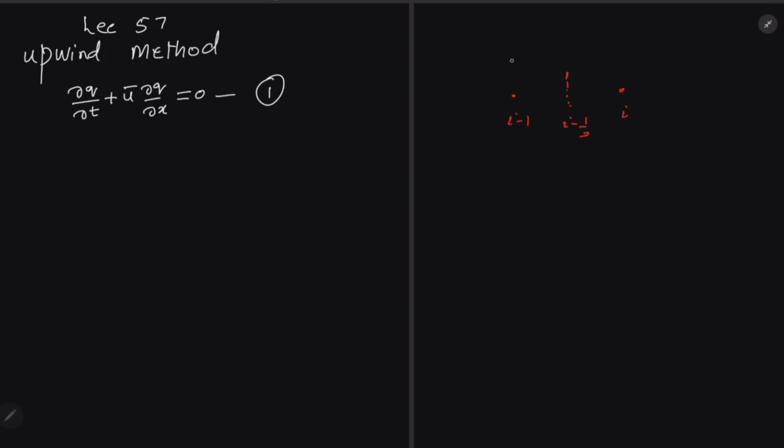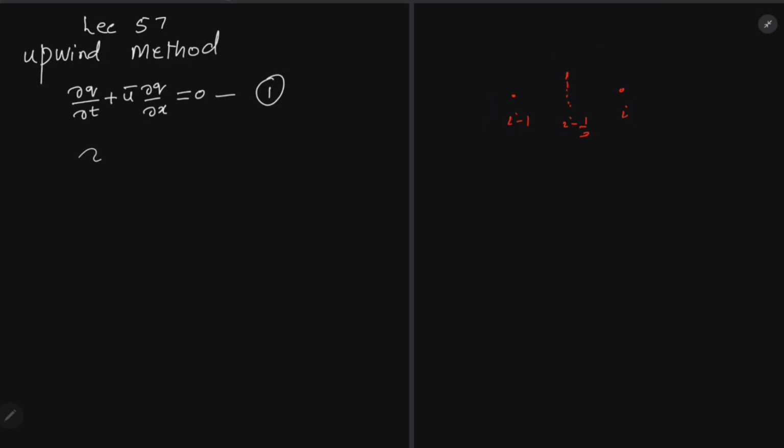So if the information is traveling from the left side, what enters over here is I minus 1. So at time level n, I minus 1 will enter from here. And when you talk about the flux, you need to multiply this with u bar. This flux will enter from the left side.